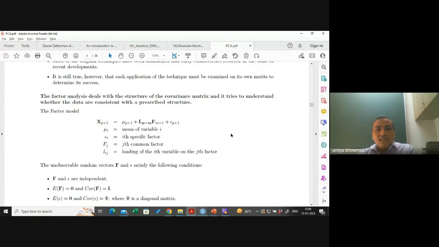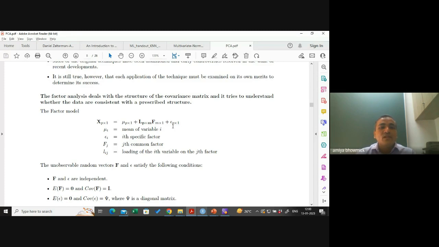So in general, this is only for the statistician people, if this is my vector X and mu is its corresponding mean vector, we try to write it as X = mu + LF + epsilon, where L is a matrix which is p by m, and F is called the factor, which is m by 1, and epsilon is called the specific factors.